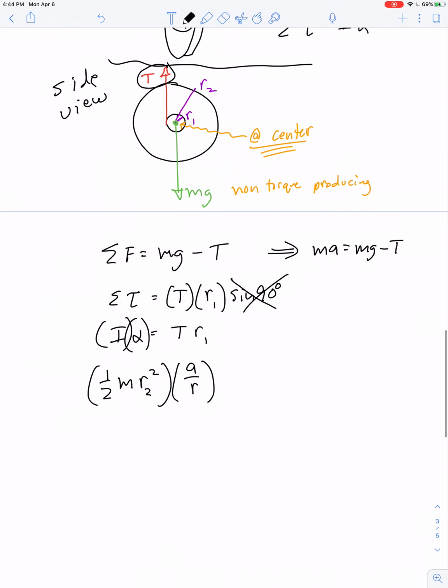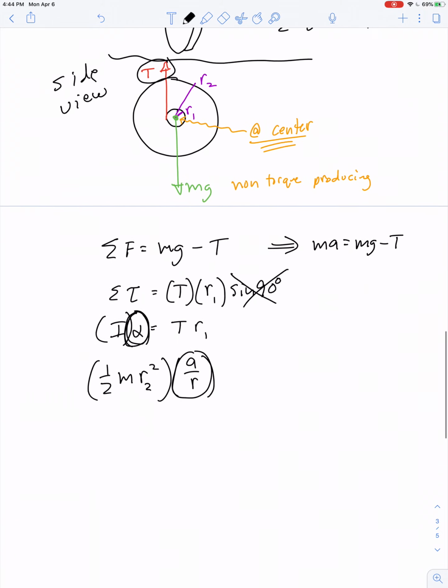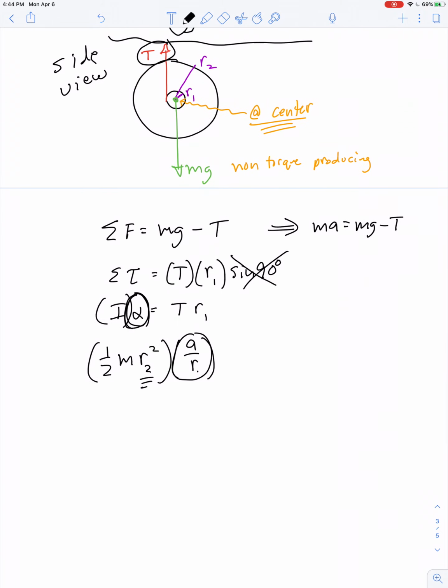When we relate angular acceleration to a linear acceleration, the relationship involves a radius, and it's always the radius about which the string is physically wound. So here we have R2, here we have R1. So there's the left side of the equation, and then the right side of the equation is T times R1.